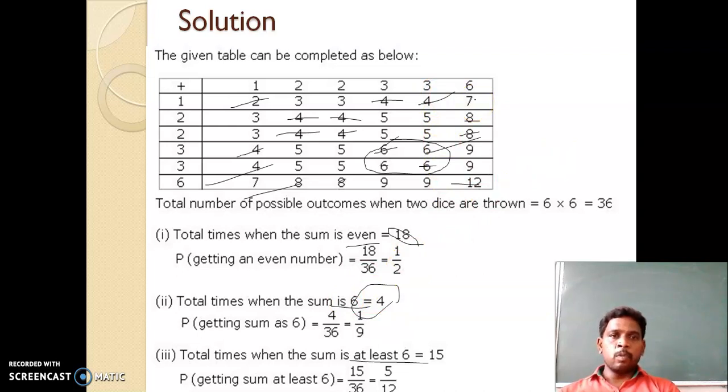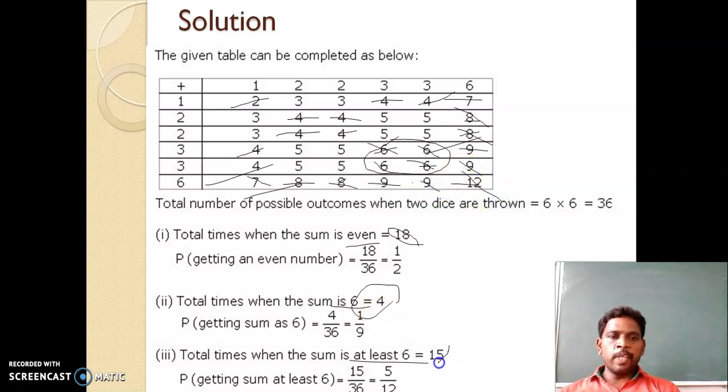Here 1, that is 7. 1, and this is 2, and this is 3, and here 4, 5, 6, 7, 8, 9, 10, 11, 12, 13, 14, and this one 15.